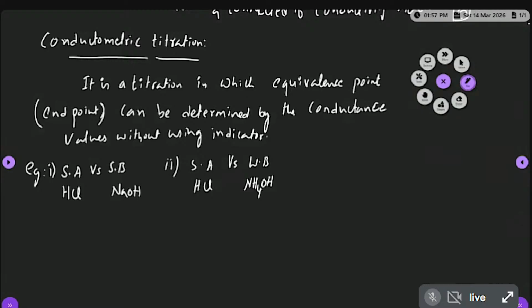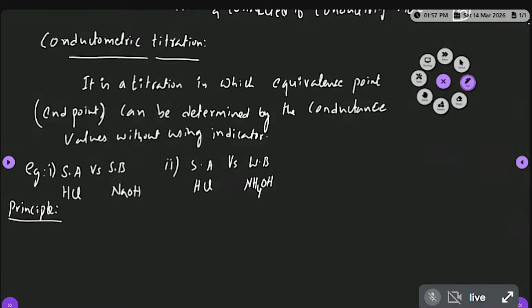So how can you find the conductance values of HCl and NaOH? Let us see the principle of the titration.